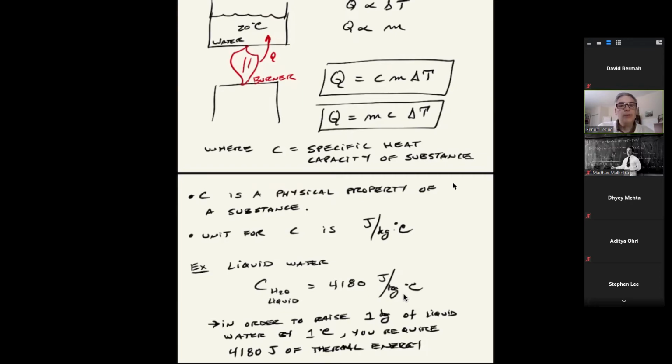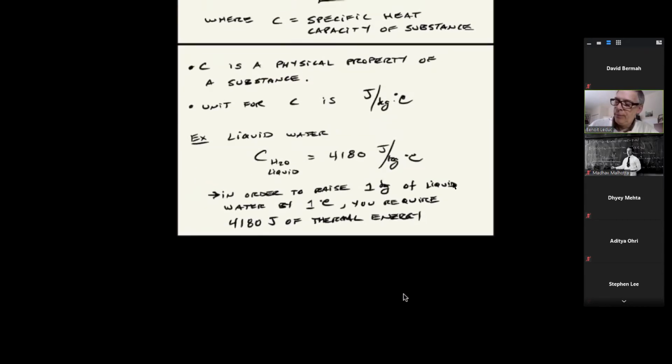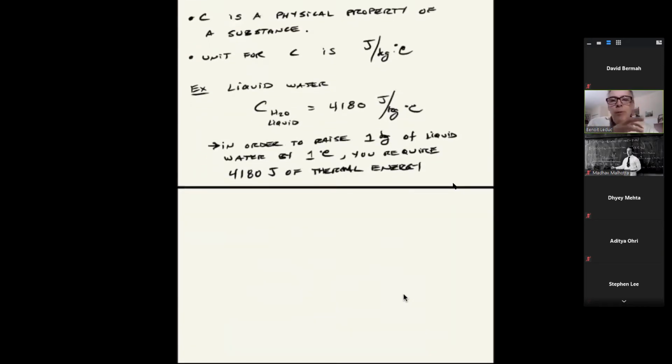Okay, that's what it means. This 1 kilogram has to absorb 4180 joule of thermal energy.